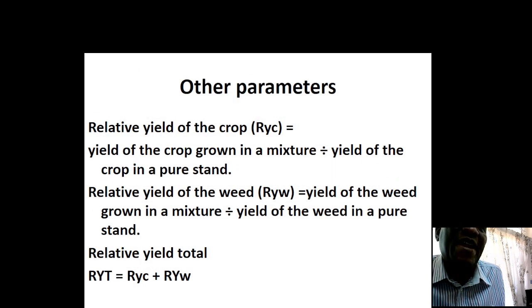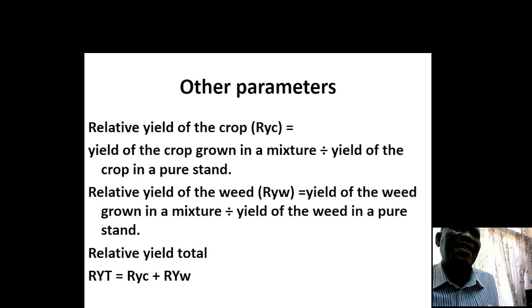So what are the parameters apart from replacement series diagrams? We can use relative yield of the crop, RYC. Relative yield of the crop is equal to yield of the crop grown in a mixture divided by the yield of the crop in a pure state.